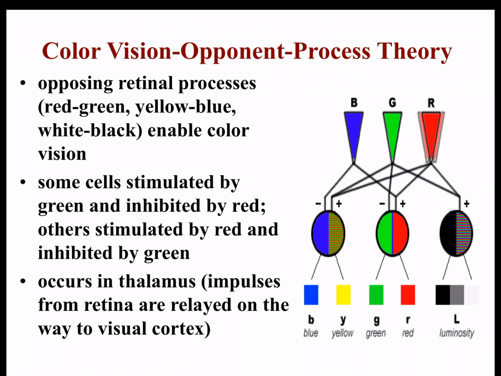And so opponent process theory states the reason why we see this afterimage, this flash of the different color, is because you've just oversaturated the cells that have been activated, and then those inhibited cells, when they get turned back on, are going to flash a brief image because your thalamus gets a little confused by that thing now turning back on along the way.